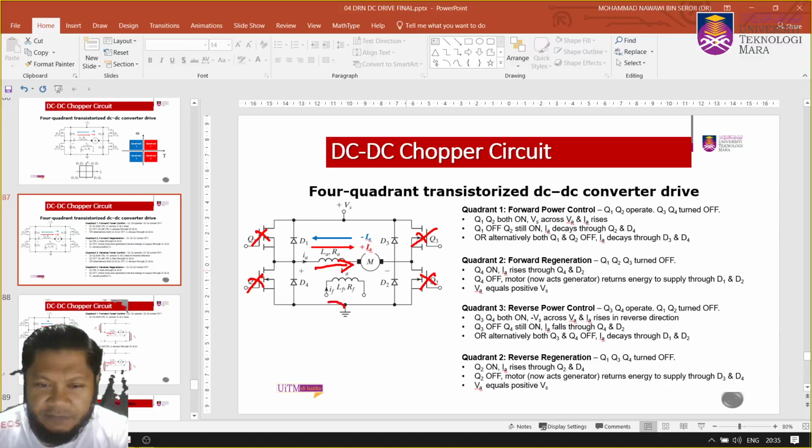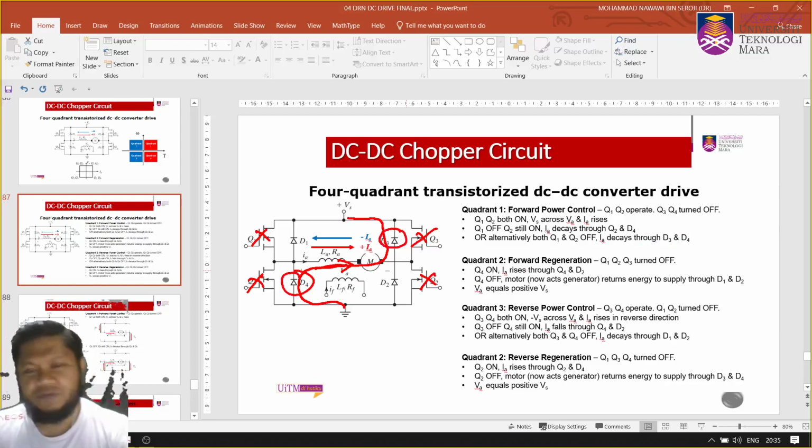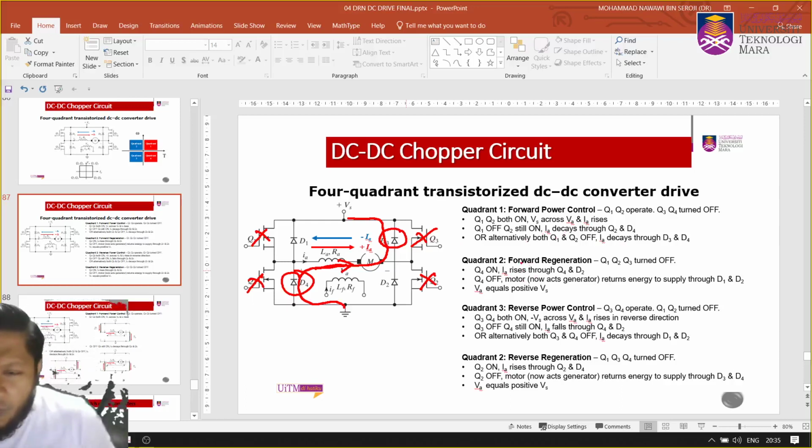Therefore, current will flow through D4, go to this branch, to the motor, and come back through D3, and flow back to the supply voltage here. Isn't it? And that's why you have Q1, Q2 off. So IA decays through D3 and D4. You follow D4 and D3 here and go back to Vs, and you have a decaying, reducing direction. And next we have forward regeneration.